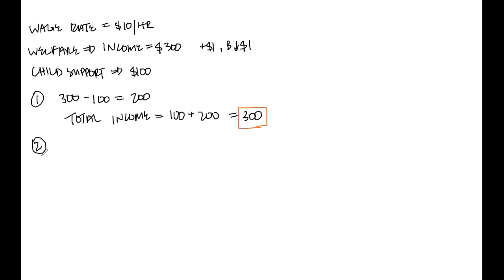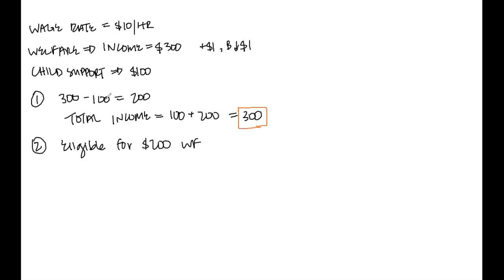So number 2 says, with the child support assurance program in effect, how many hours may Tatum work before she no longer qualifies for any welfare benefits? So she's eligible for $200 of welfare, which we just said in the past problem.